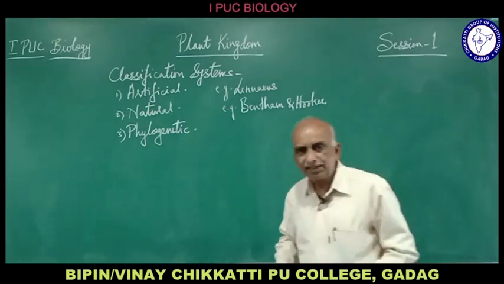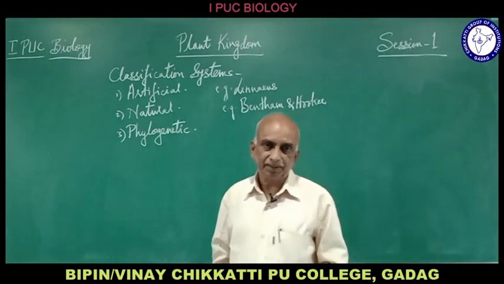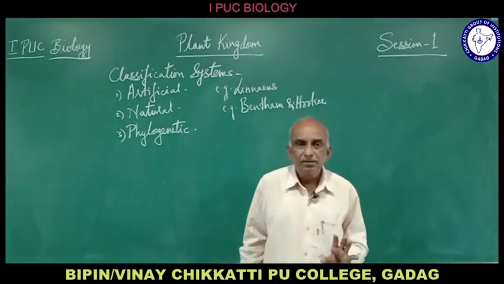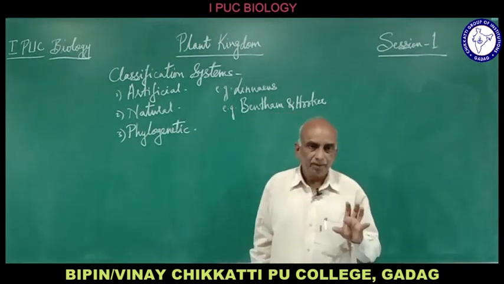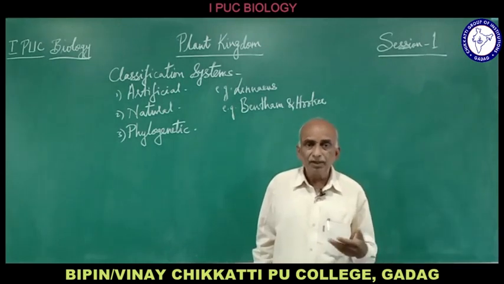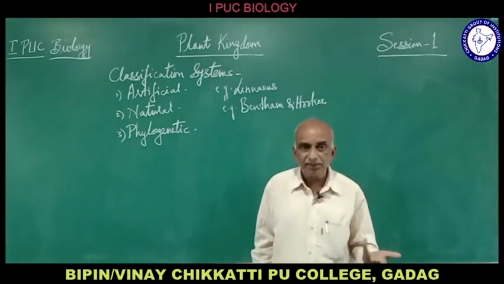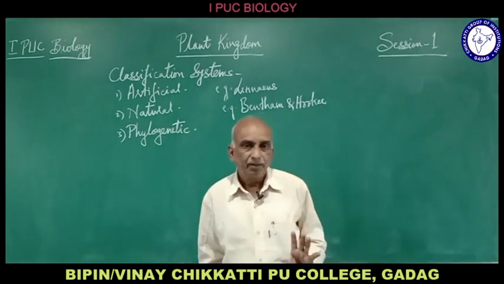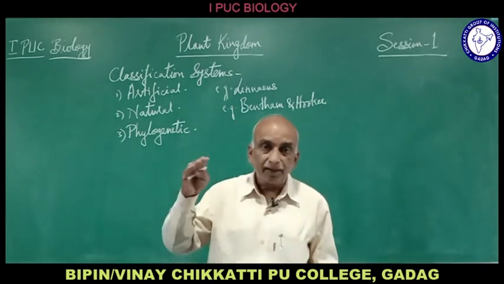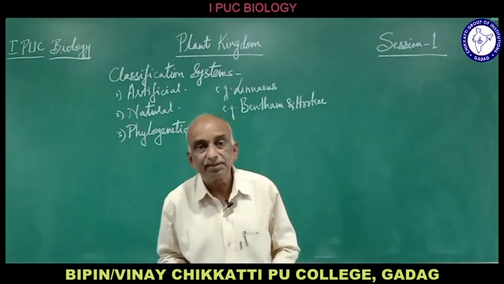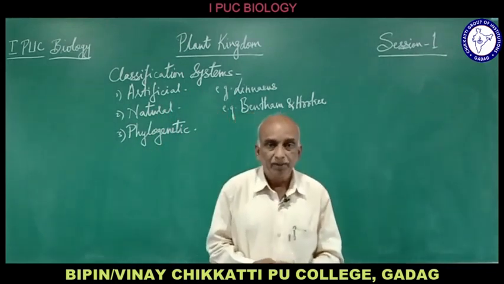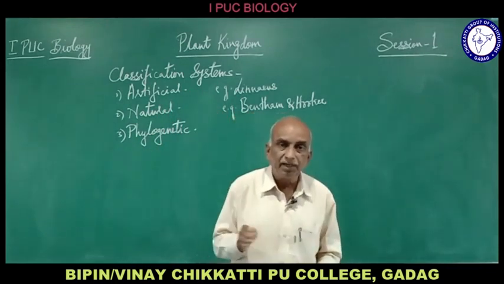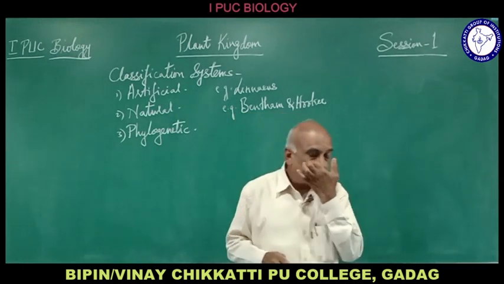So phylogenetic is an advanced type of classification. Whenever anyone wants to propose a phylogenetic classification, it is a very deep study. We have to study their race, from what type of organisms they have evolved. So based on the evolutionary relationships, they are called phylogenetic.